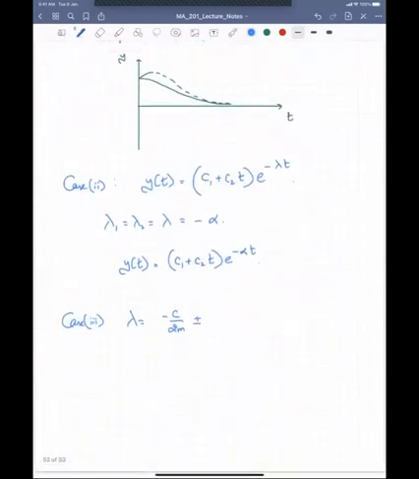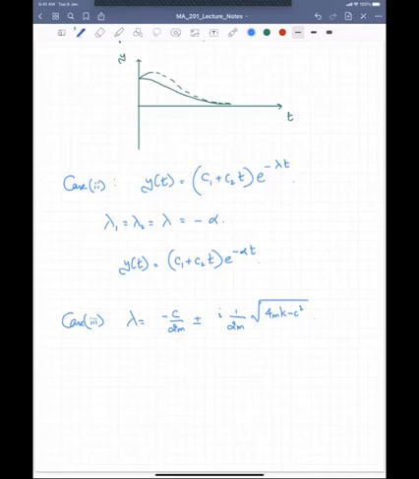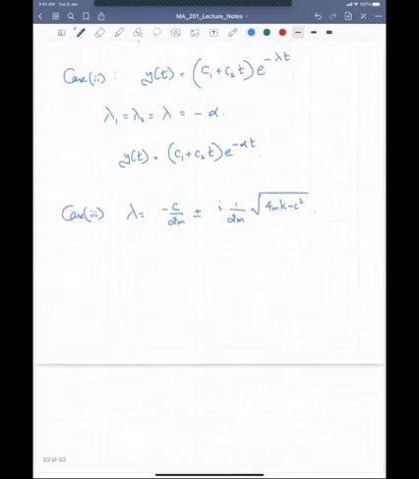So I'll write this as i times 1 over 2m times the square root of 4mk minus c squared. Since c squared is less than 4mk, this square root is guaranteed to be positive. So I will call this minus alpha plus or minus i times some omega star.